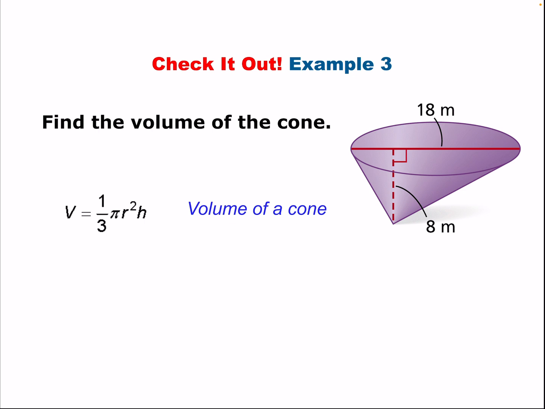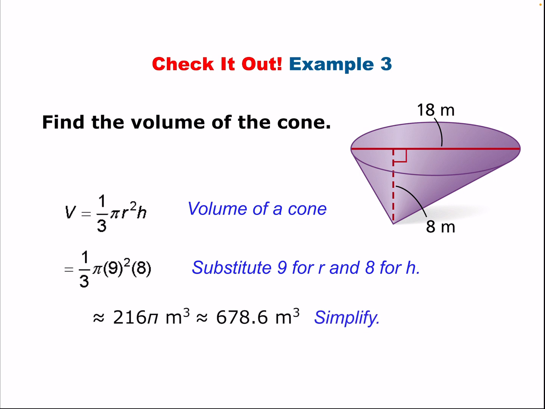You plug in 9 for your radius and 8 for your height. 9 squared is 81. 81 times 8 times 1/3. Well, 1/3 of 81 is 27. And 27 times 8 gives you 216 pi.